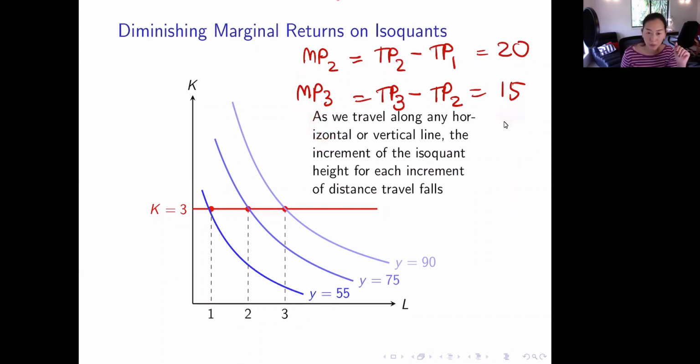As you can see, it is the same distance here, 1 unit of labor, but the amount of output doesn't increase at the same rate. It increases at a smaller rate, and that is because FLL, or the change in the marginal product, is negative.